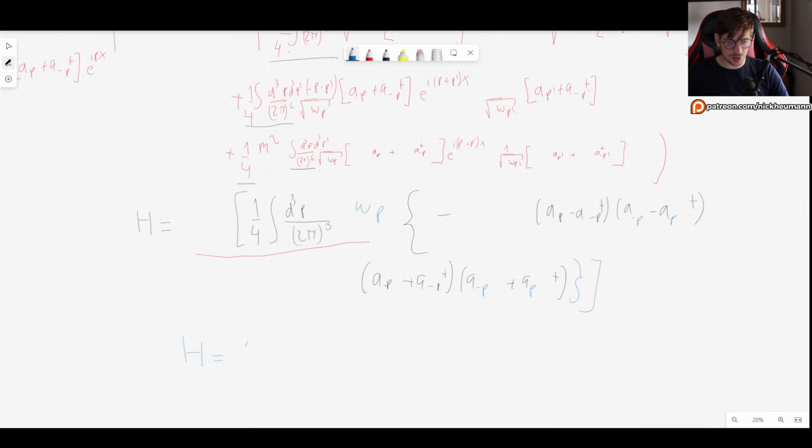So we have that the Hamiltonian is 1/4 ∫ d^3p/(2π)^3 omega_p. And now let's just multiply through. So we have minus a_p a_{-p}. Then we have plus a_p a_p^†.